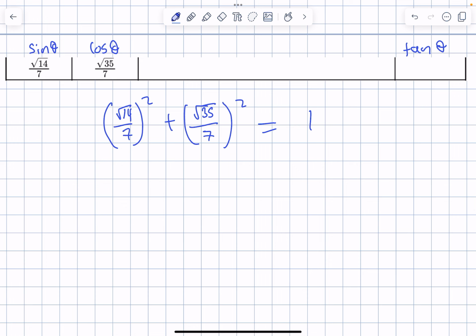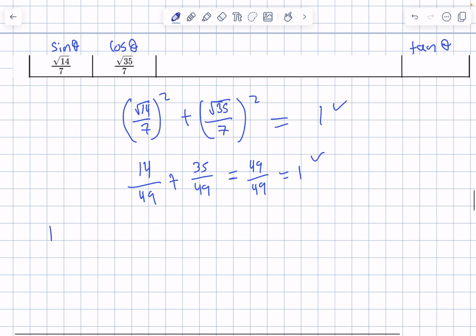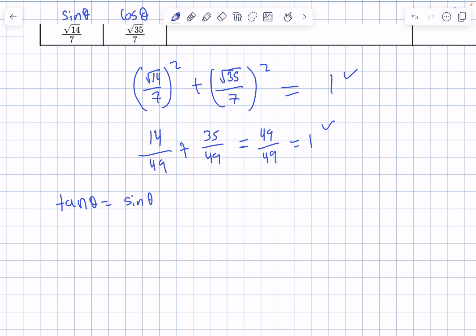Here, remember, the square roots go away, so I'm left with 14 over 49, plus, the square roots here go away, 35 over 49. So this is equal to 49 over 49, which equals 1, which is a true statement. Very nice.